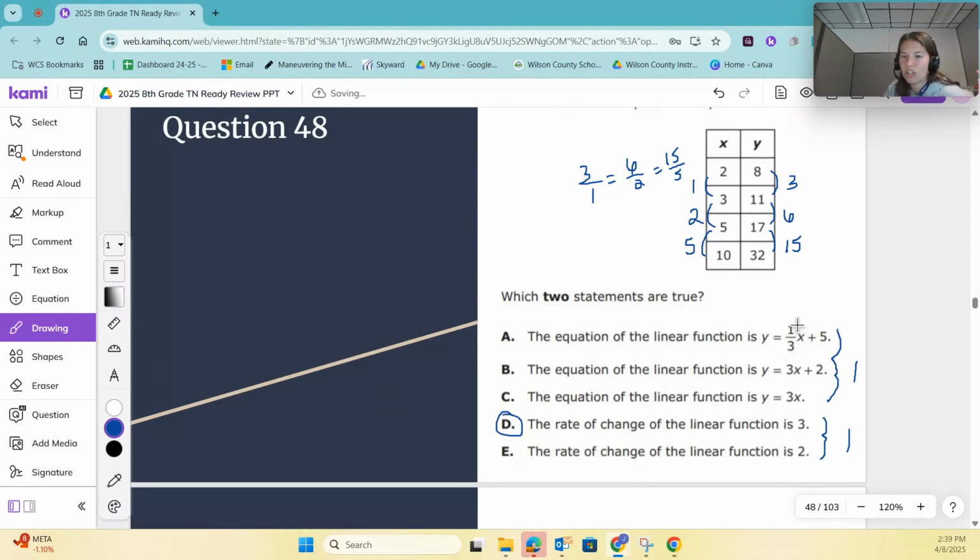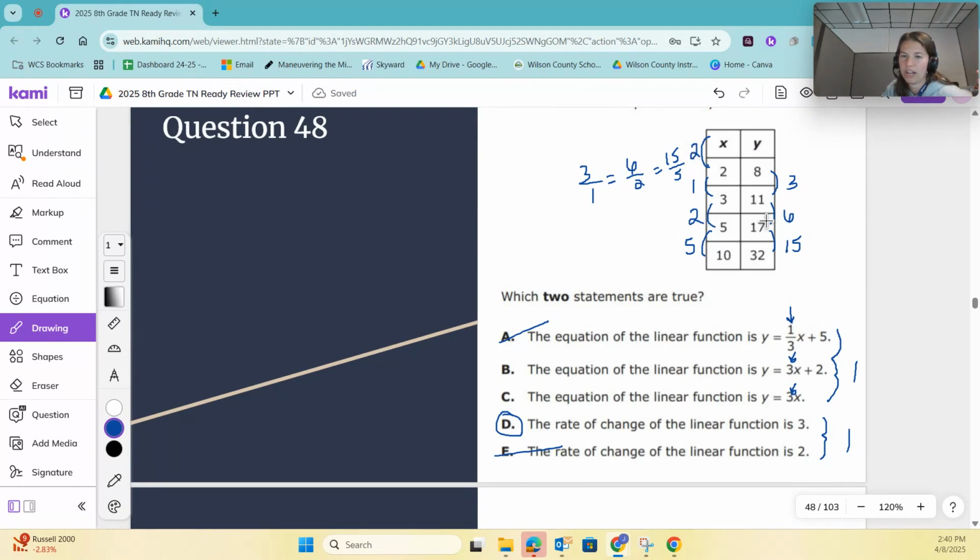Now, I take a look here, and my rate of change is m in my equation. It's my slope. So that rules out A as a possible correct answer. And we are now going to determine if it's a proportional relationship, 3x, or if it's plus 2. Well, if I look at this, I'm going to try and go from 2 down to 0. So I'm going to go down 2.